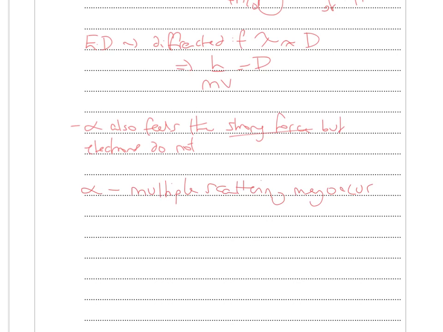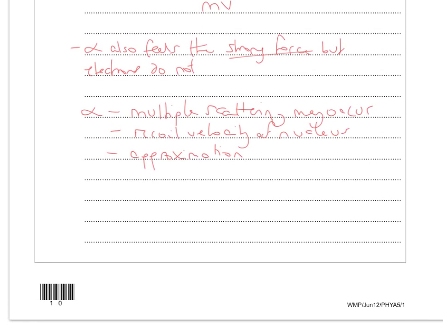You also have the recoil velocity of the nucleus as a source of error, because we're essentially modelling it as a collision between two particles. And the other problem is that this method is an approximation. So it's not a direct calculation, it's an approximation. So that's always going to be a source of error.